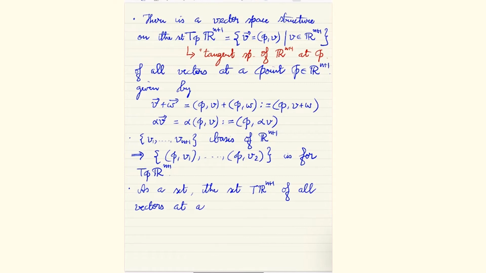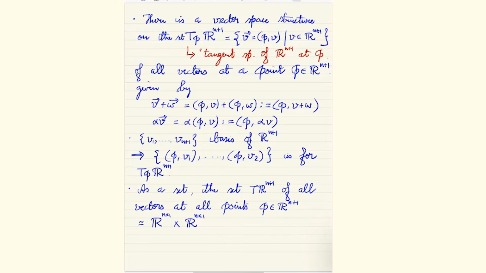At all points P in Rn plus 1, you can consider them together. And this is, of course, just Rn plus 1 times Rn plus 1. So this is all pairs P comma V, where P varies over Rn plus 1 and V varies over Rn plus 1.